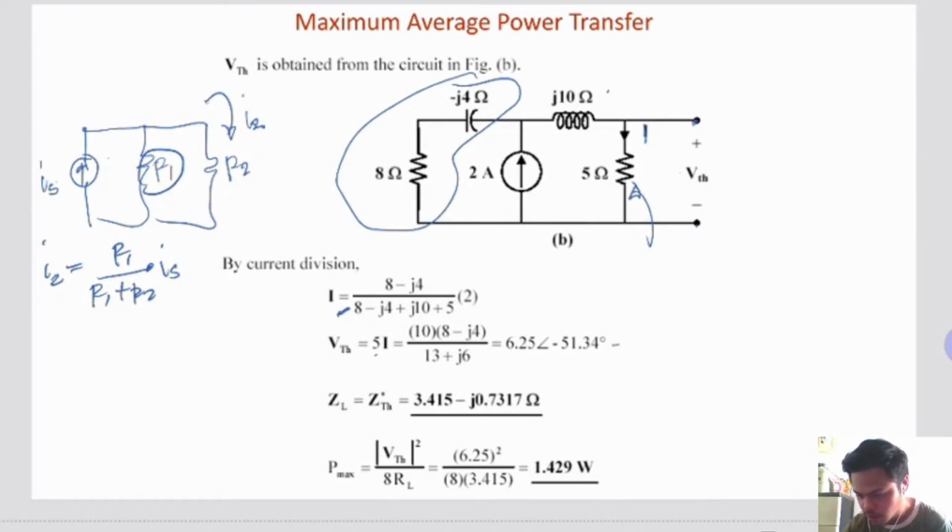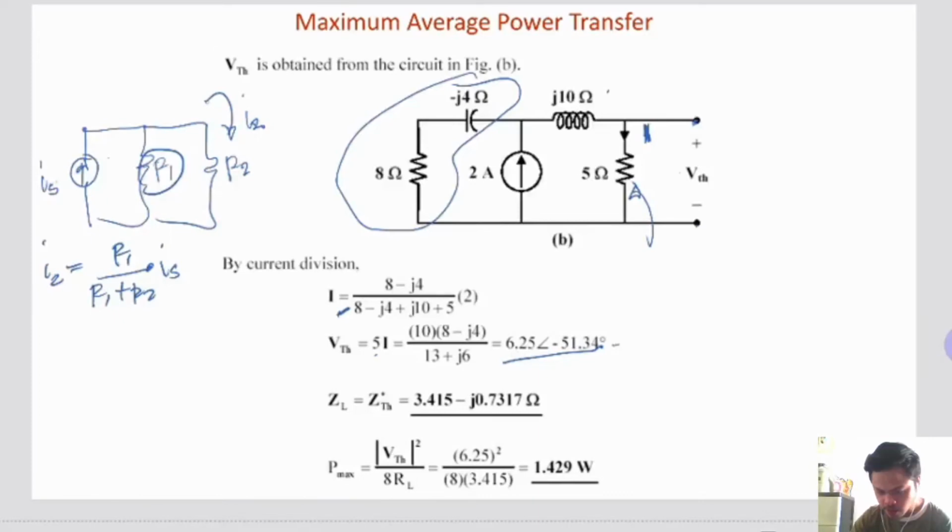The voltage across the 5 ohm resistor is 5 times the current, which is the current I1. So the VTH now is 6.25 angle minus 51.34 degrees.